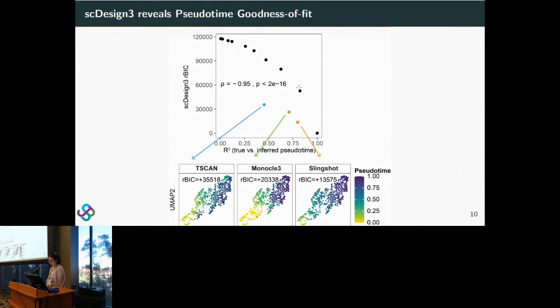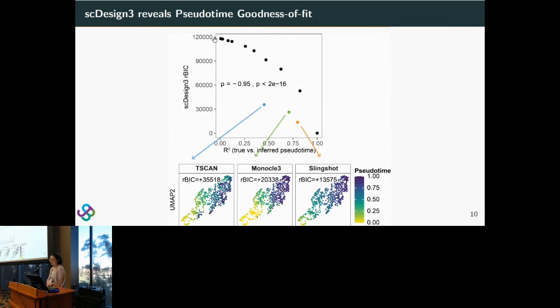And there is a black dot here, which is the pseudotime with various degrees of perturbation. So for example, this one is completely the true time, and this black dot is where we have 10% of the pseudotime being shuffled, meaning that the quality of this set of pseudotime will be worse than this set of pseudotime.